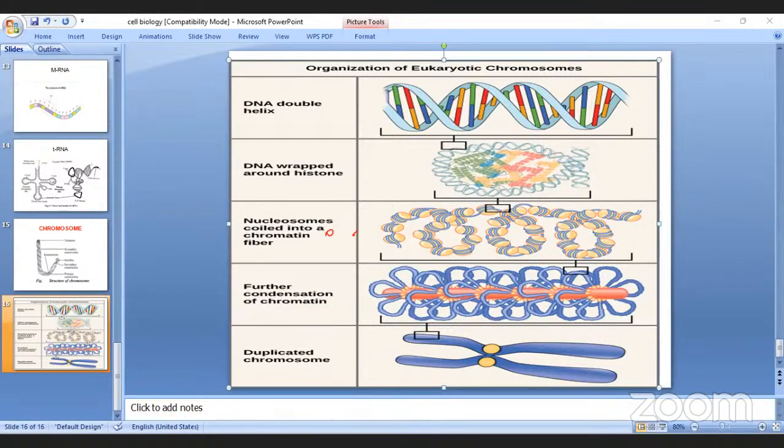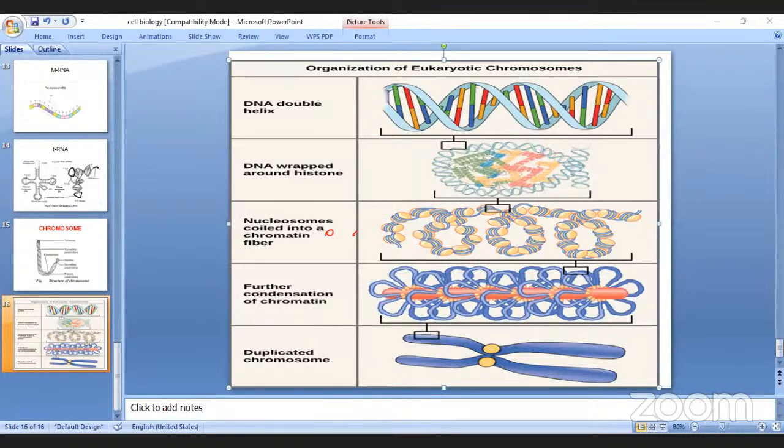So the red colored portion is the histone protein. This histone protein is wrapped by the chromatin, right? The blue color is the DNA wrapped around it. DNA and histone together form a nucleosome. This model was proposed by Kornberg and Thomas.